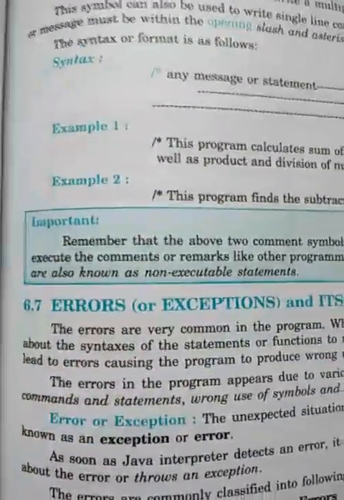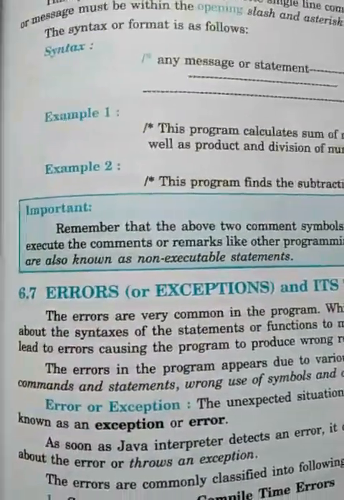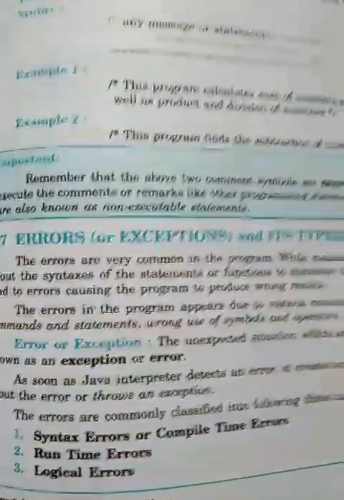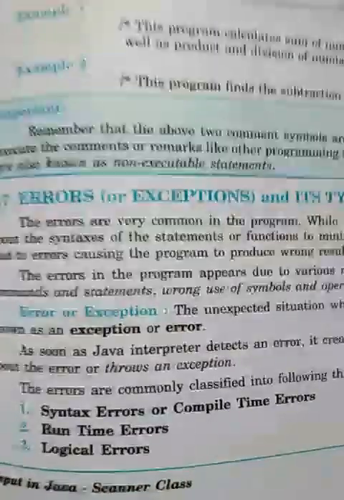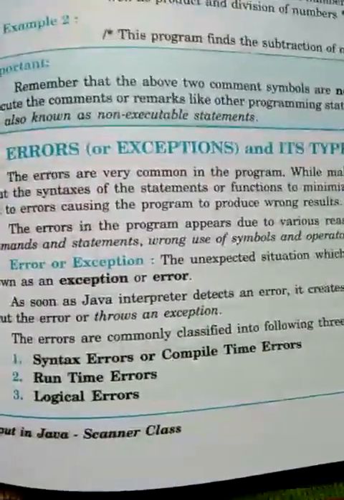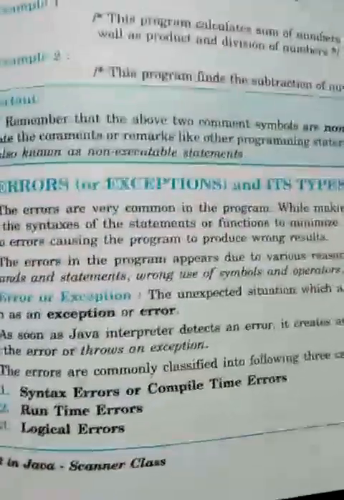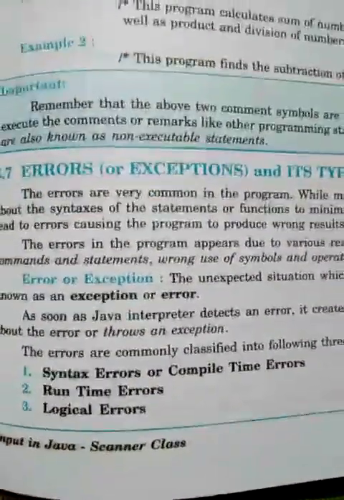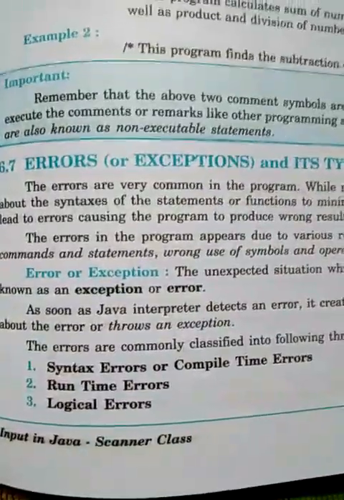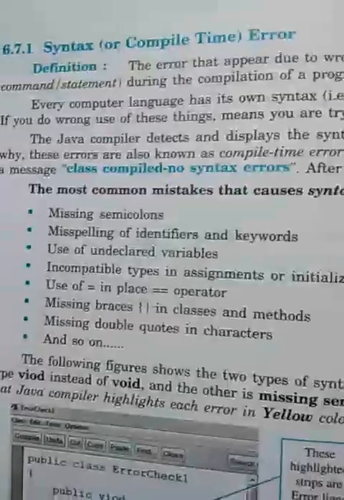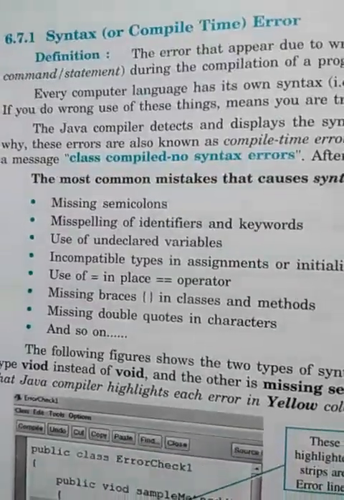The next and most important part is errors, also called exceptions. There are 3 categories. First is the syntax error, also called a compile error. Second is the runtime error, and third is the logical error. First we look at the compile error.